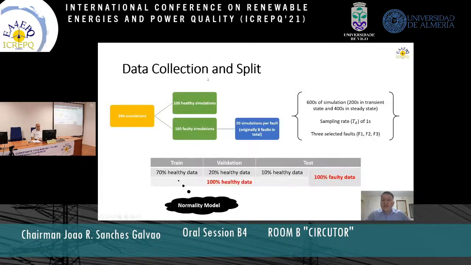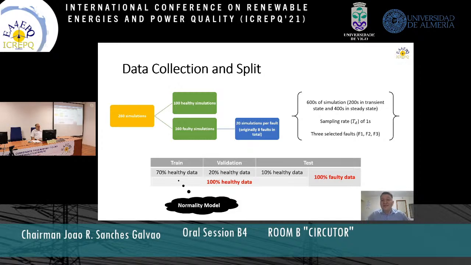From the performed simulations using FAST software, we collected the data we are talking about now. 260 simulations were done, divided into groups: 100 simulations with healthy data and 160 simulations with faulty data. Of these 160, 20 simulations correspond to each fault. Recall I said that originally 8 faults were taken into account.